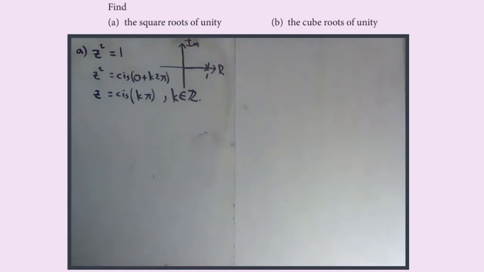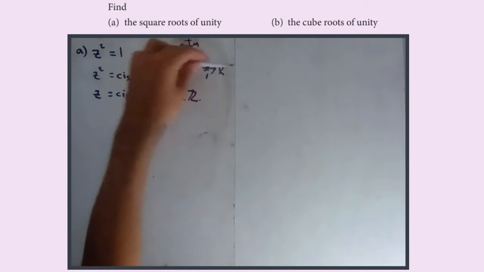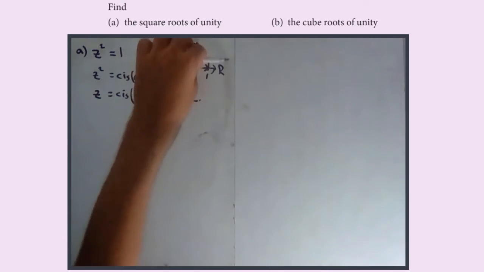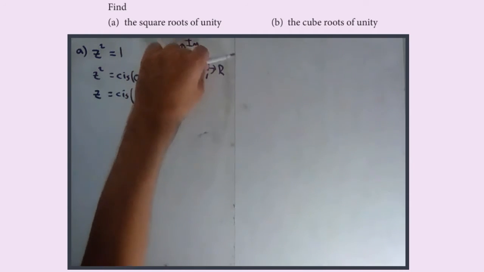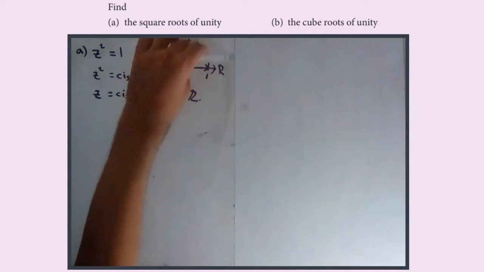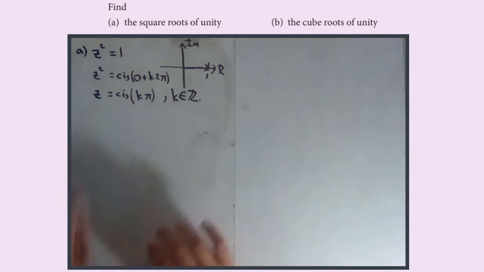The reason why this k2 pi works is because if you have the number 1 and I add 2 pi to it, I get back to the same place, and I can do this as many times as I want, as long as k is an integer, and k can be negative. I can add 2 pi and go backwards, and I still get back to the same place. So for a square root problem, we need 2 consecutive integer values of k.